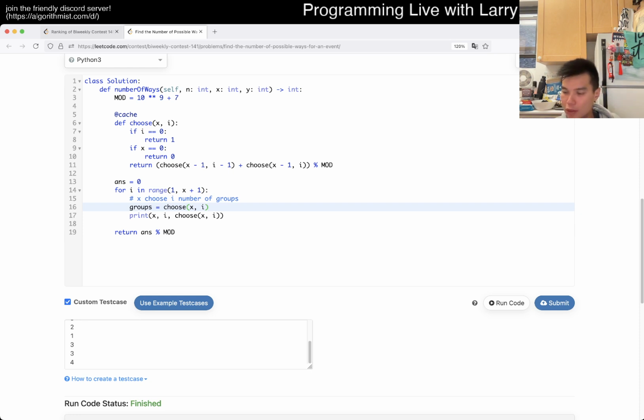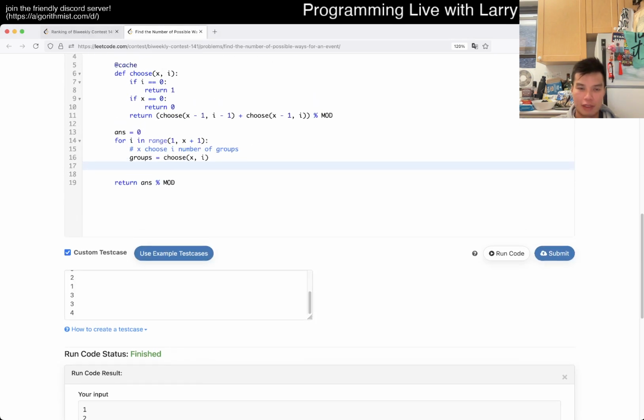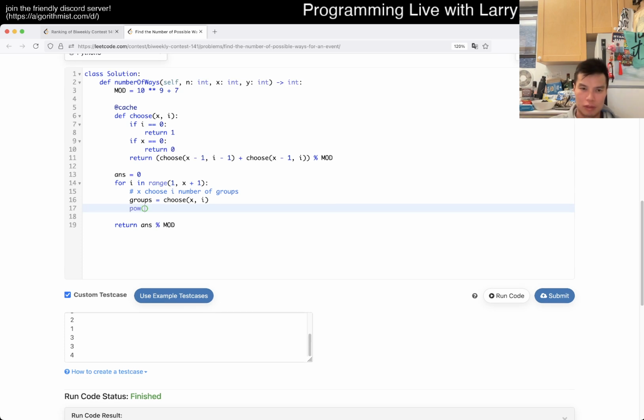Okay, so then now, so that is the number of groups, and then now we have to figure out how many distinct ways. Is it just it? And then this is just y to the power of groups, right?